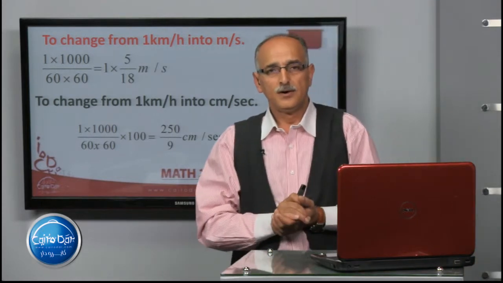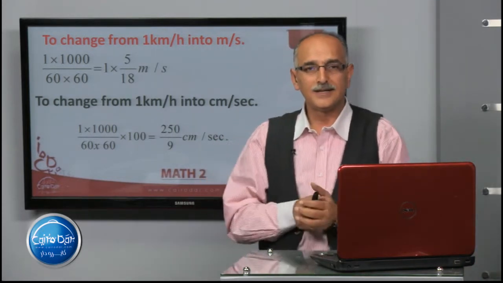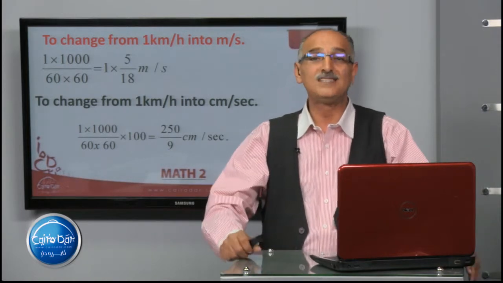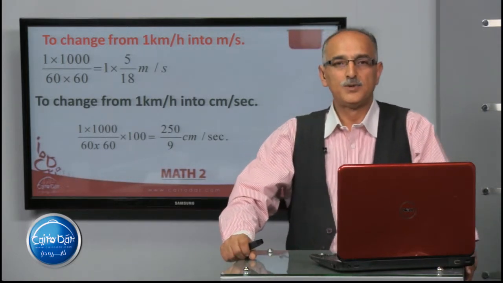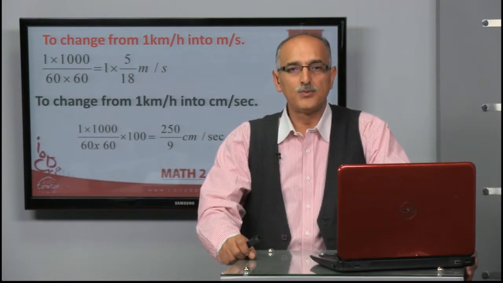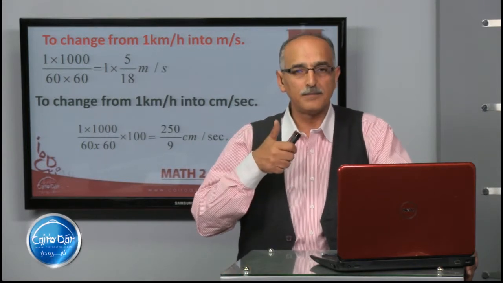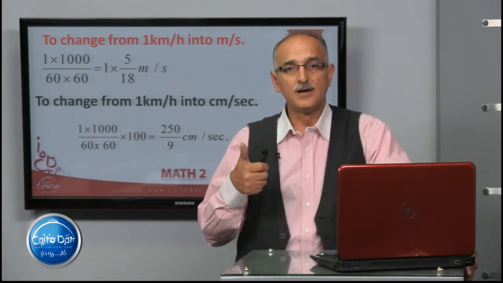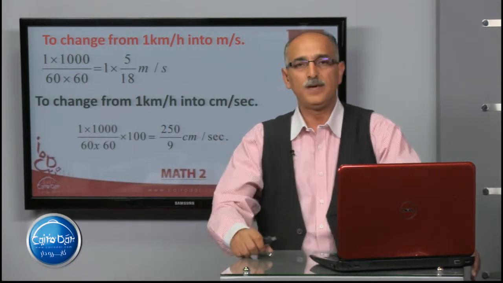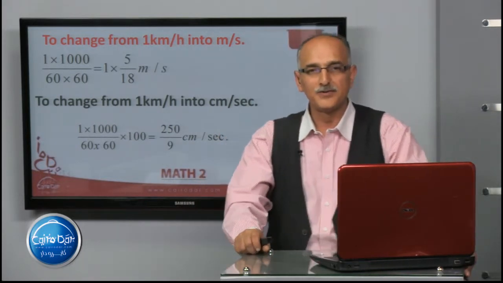Also, when we need to convert from 1 kilometer per hour to centimeter per second, 1 kilometer times 1000, also 1 hour is 60 times 60, and from meter to centimeter also times 100, so it will be 250 over 9.